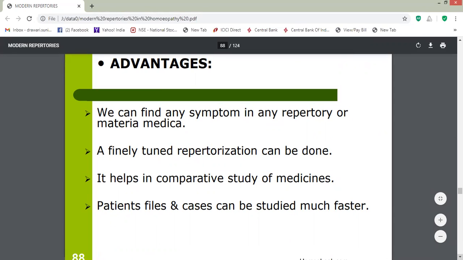It is useful like a library, because there are many materia medicas and repertories as we discussed. It contains all the information except the introduction and general comments about the drug. There is an easy and useful bookmark system. That means you can track and go back to any text by placing a marker on the page in the Materia Medica window.